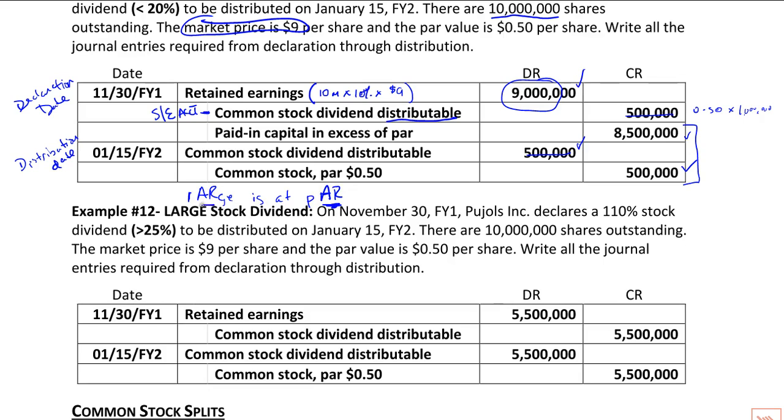If you can remember the AR and AR, large is at par. This means we're going to reduce retained earnings only by the par value. So once again, 10 million outstanding, but now the dividend declaration is 110%, so we have to multiply it times 1.10 times 50 cents per share.